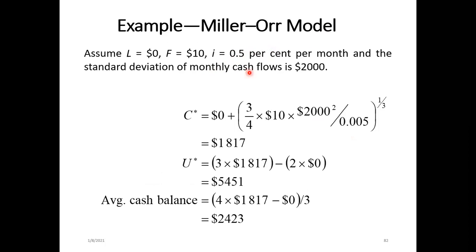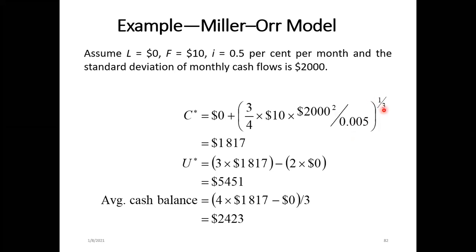Here the lower balance is 0, 3 over 4, transaction cost is 10, and the standard deviation here is 2000, divided by the interest rate.